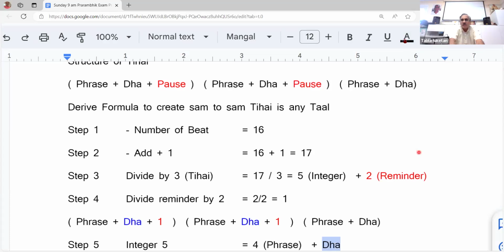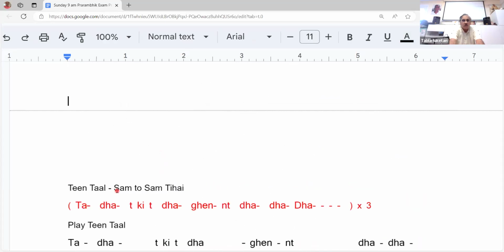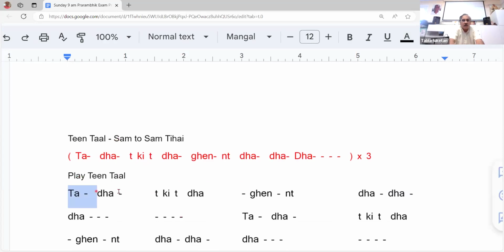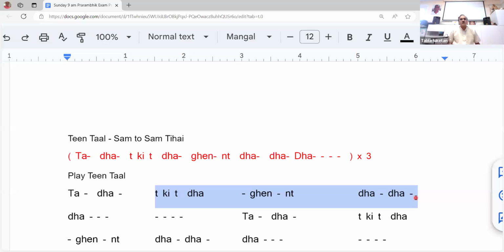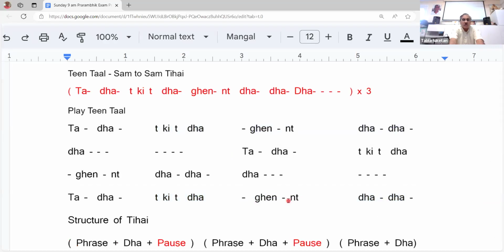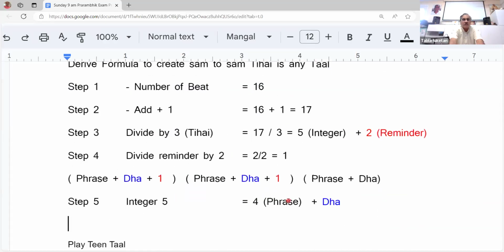So what is the remaining part? The 4-beat phrase, right? If you scroll up, our phrase is 4-bit: ta, a, dha, a, ta, ki, te, dha, a, ke, in, ta, dha, a, dha, a. This is our phrase, 4-bit. So in the case of teen tal, what is the formulation of the ti?